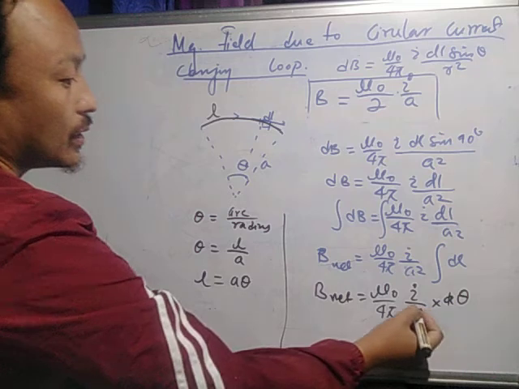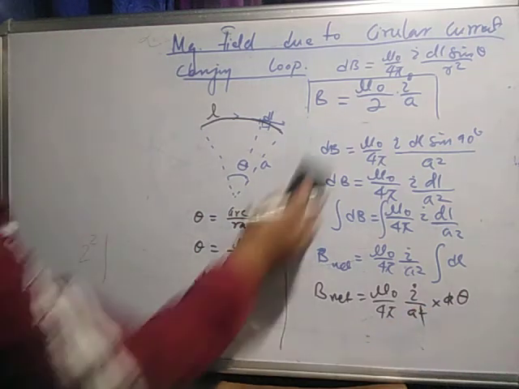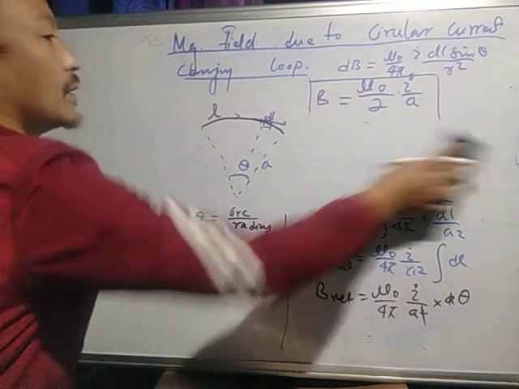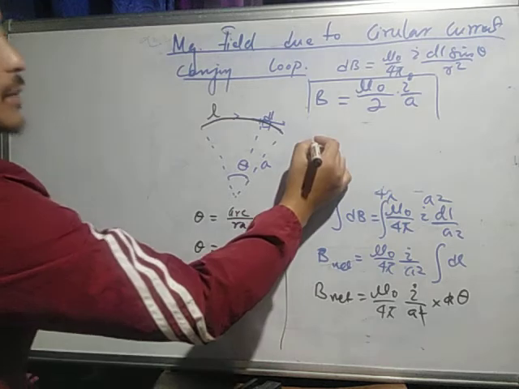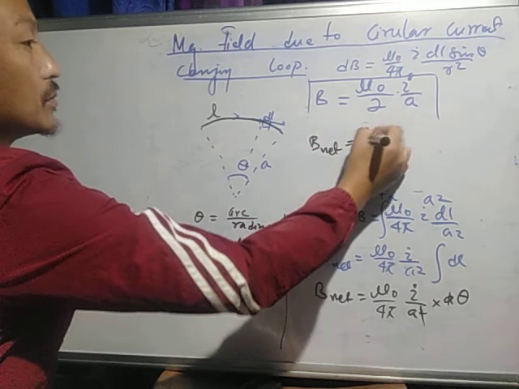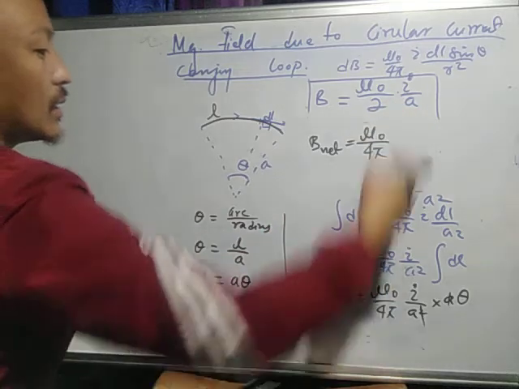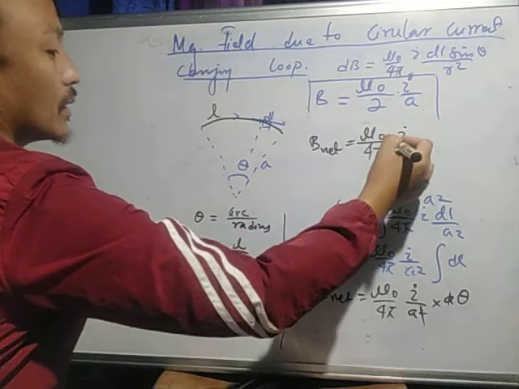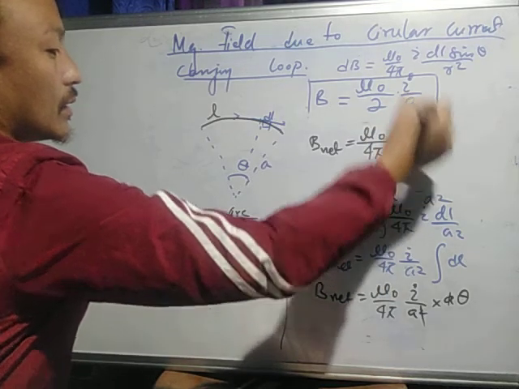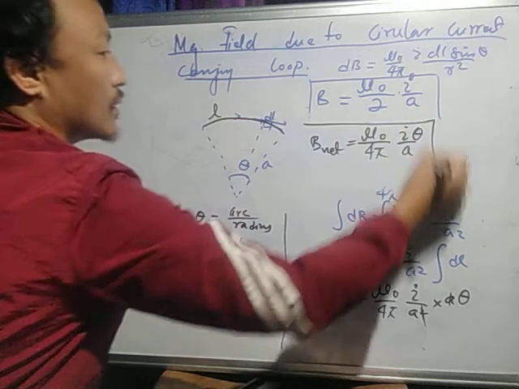So one a cancels. So in general you'll get B net equals to mu naught by 4 pi I by a into theta. So this is your general formula.